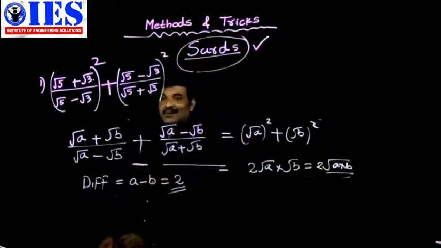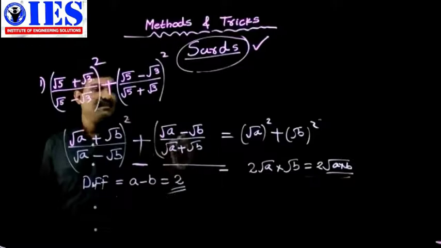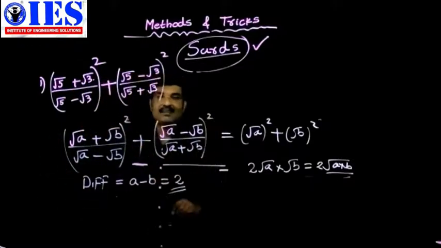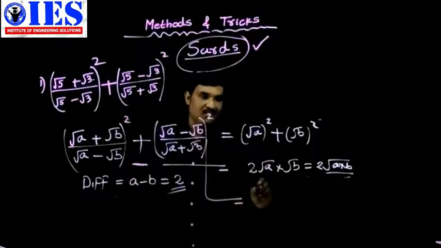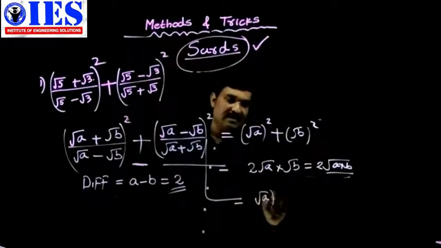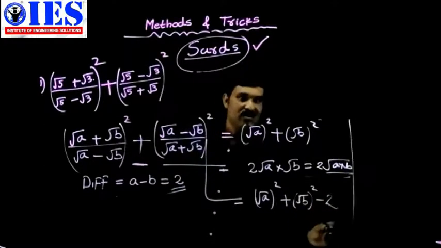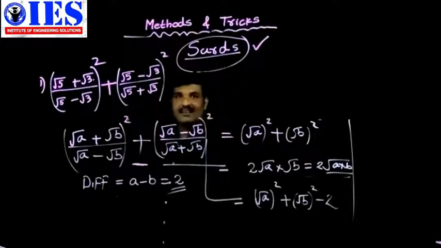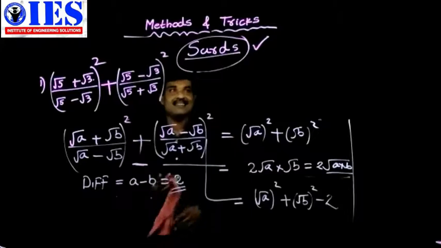Now suppose this is our factor, squared. Then the solution becomes root a the whole square plus root b the whole square minus 2. So this is a trick that can be useful for simplifying so many sets.